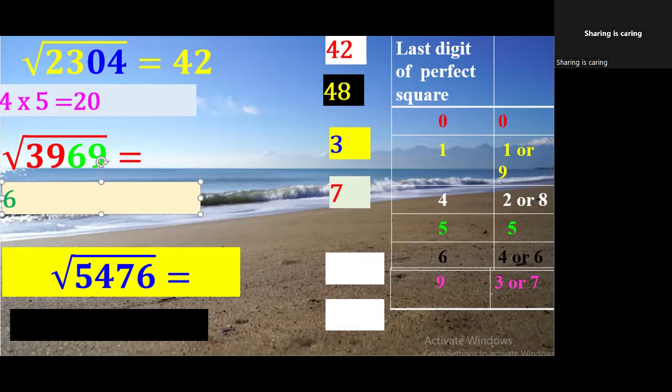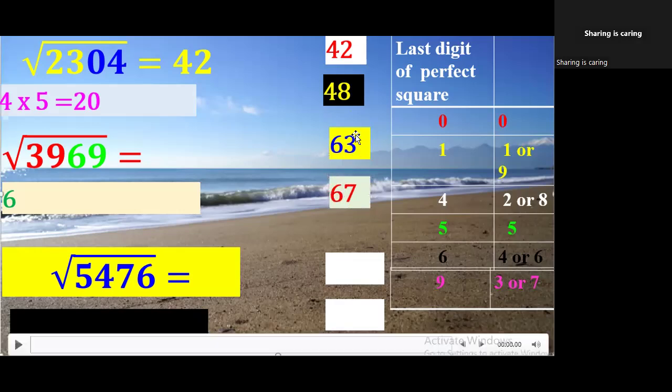So I take the perfect square closest to 39 but less than 39, which is 36. Now the first digit will be 6, so the number is either 63 or 67.